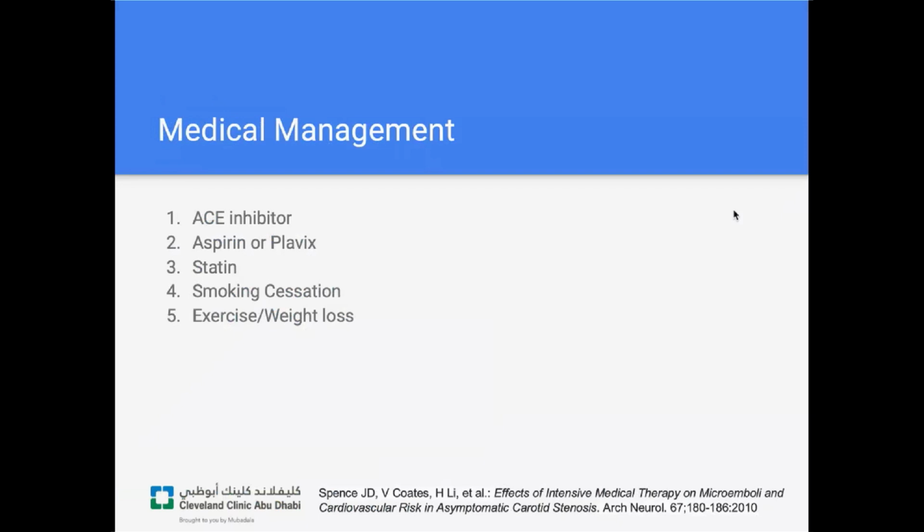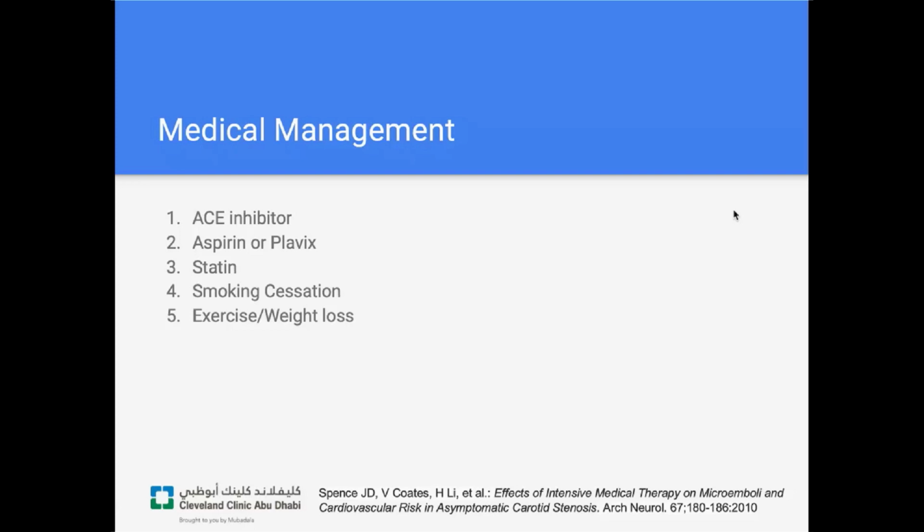Dual antiplatelet therapy is not indicated unless there's a specific reason, for example, in the setting of someone who's high risk with carotid or coronary stents. And then statins, smoking cessation, exercise, and weight loss. Those apply to coronary artery disease and peripheral vascular disease, and also here in carotid disease.